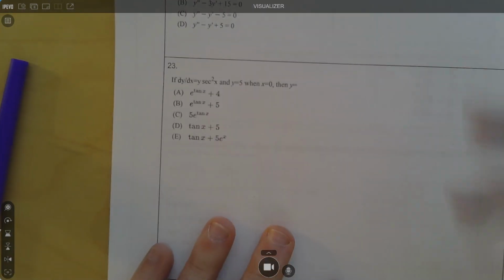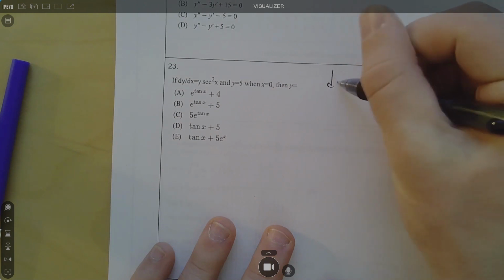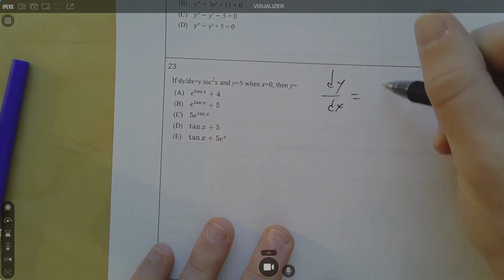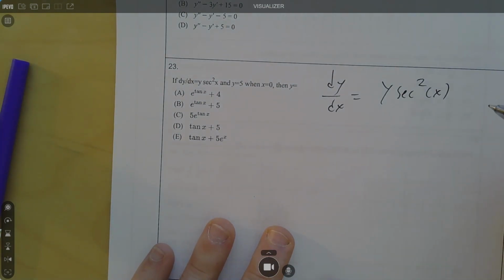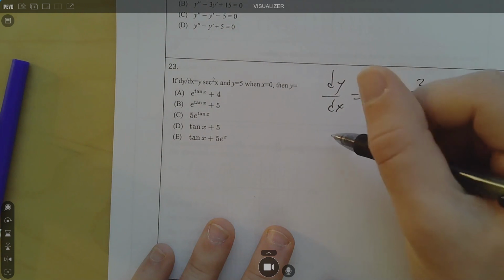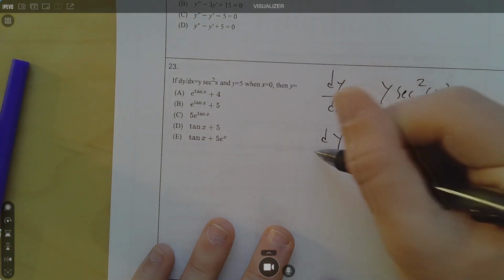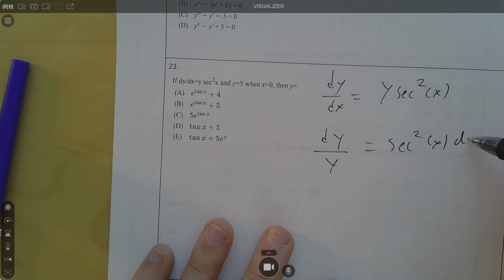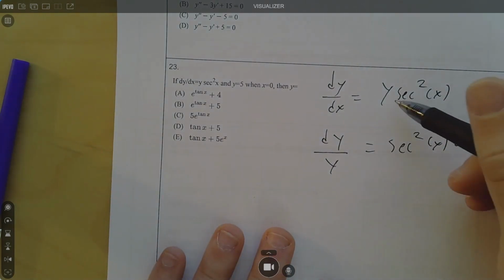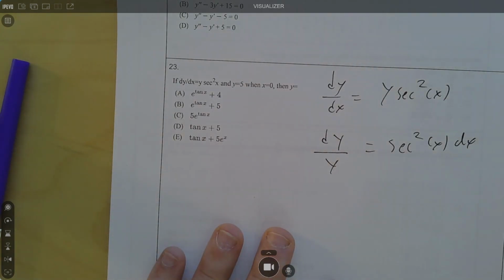Okay, so let's just rewrite this out. dy/dx equals y secant squared x. Find y. So separation of variables, we're going to get dy over y equals secant squared x dx. All I did there was divide by y, multiply by dx, take the integral.